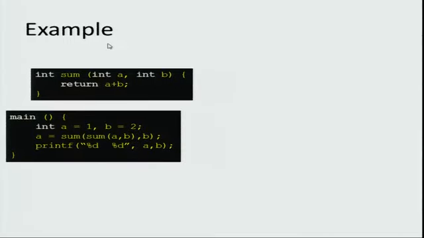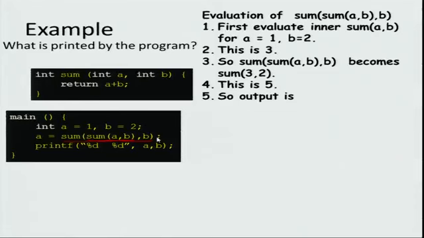Now let us try a slightly more elaborate program. What happens if you have sum of a, b, and then sum of that with b? This is the program. In this case, what will happen? First evaluate the inner function, sum of a, b.